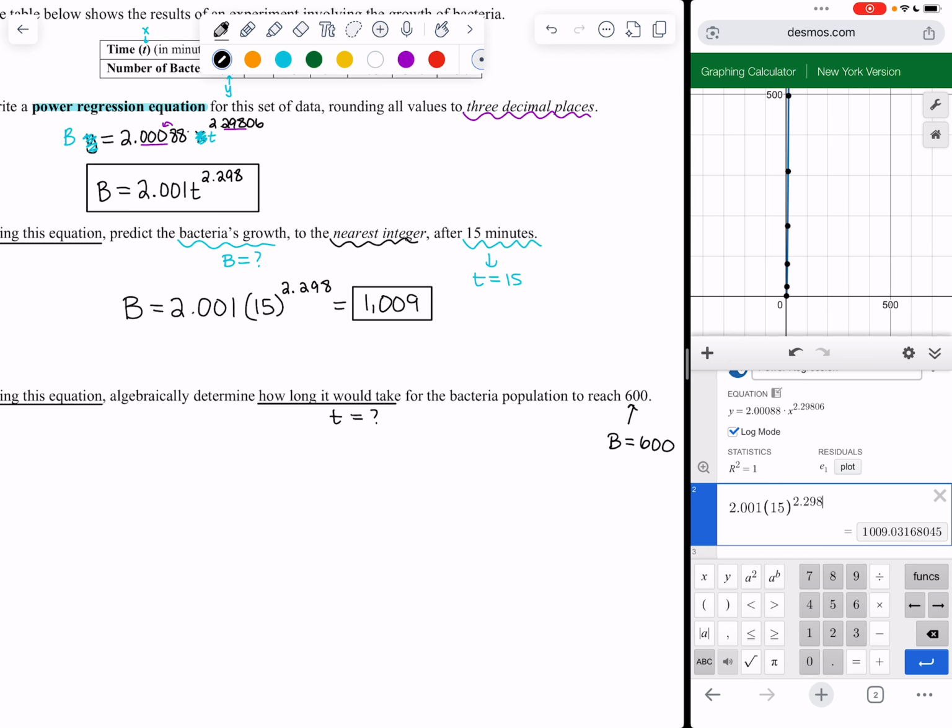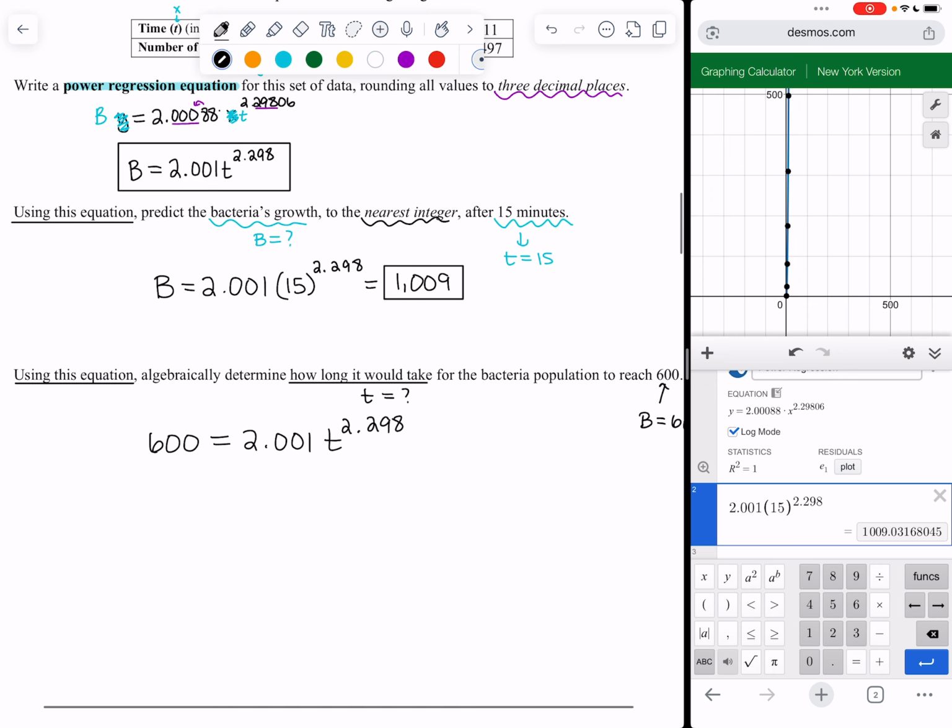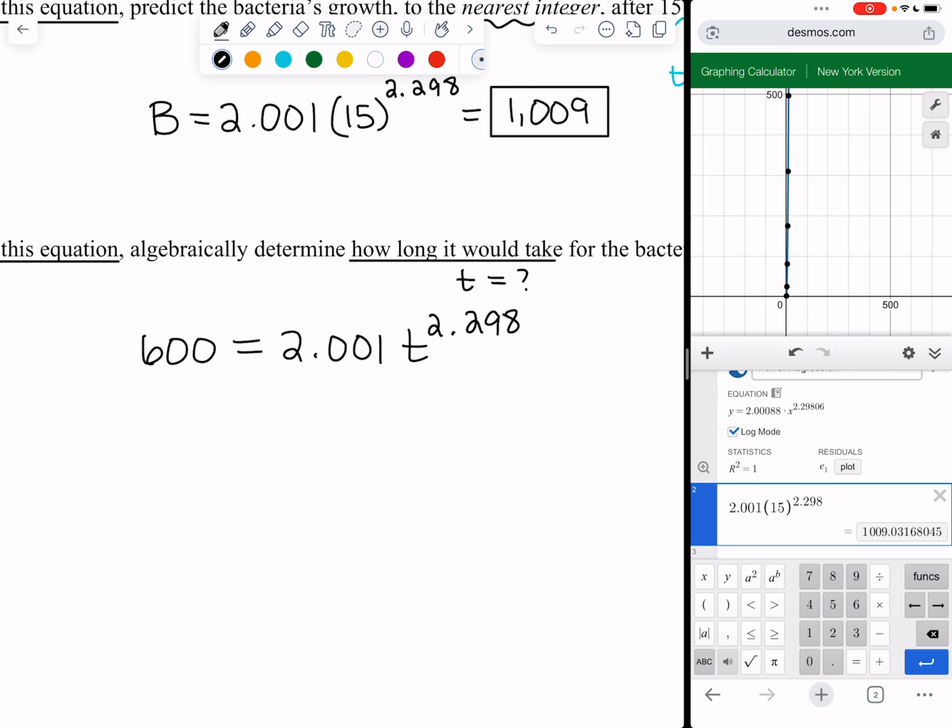So I'm going to replace the b with 600, leave the t in my equation, and try to solve for that. Okay, so the first thing I want to recognize is that the 2.001 is connected to my t through multiplication. So I'm going to divide by 2.001.